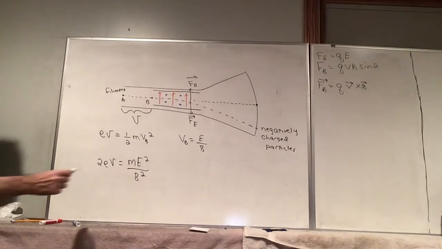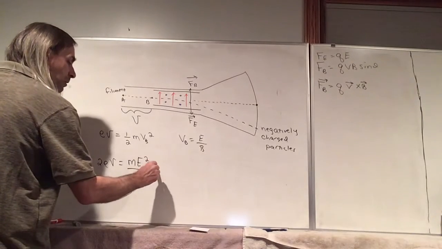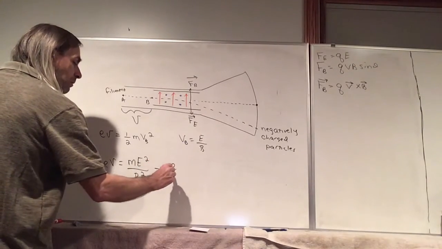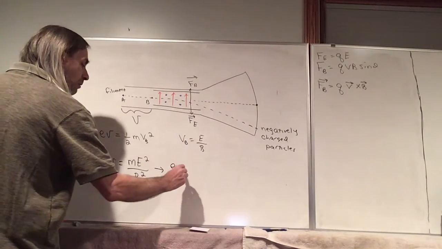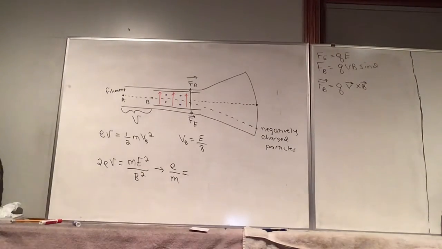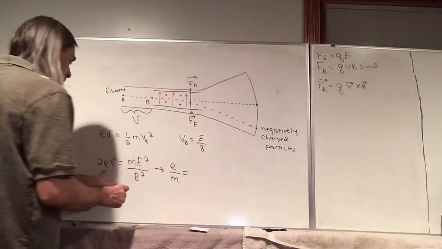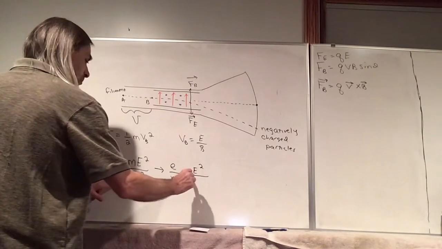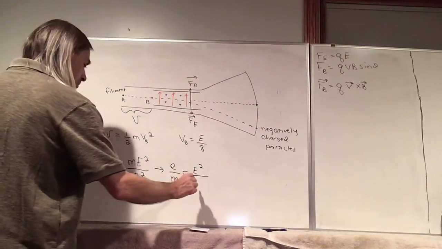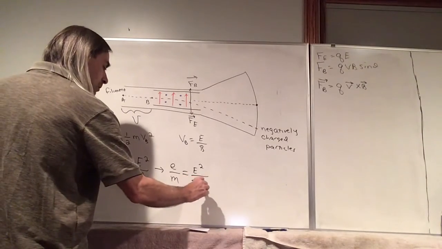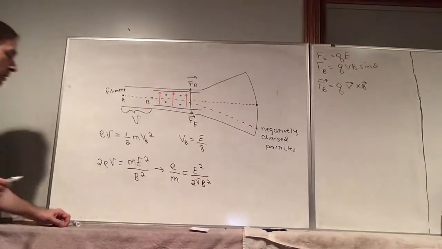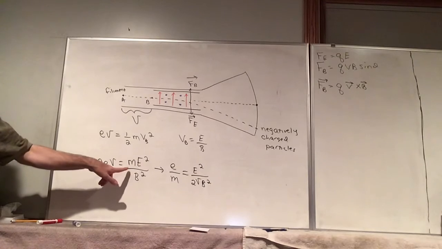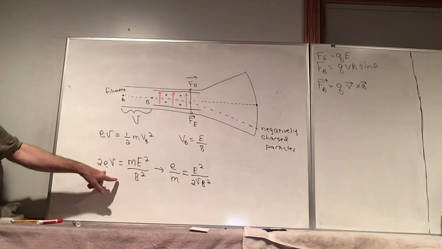And so what Thompson discovered, we write it down. So e over m, so yeah, let's solve for this ratio e over m.